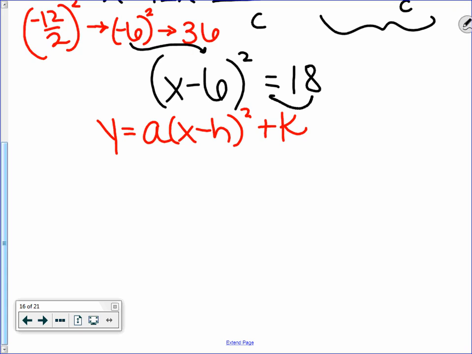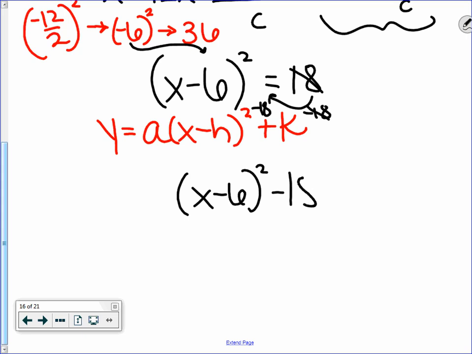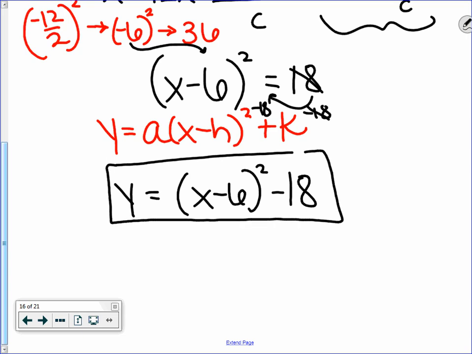We have to bring that 18 over by subtracting 18 on both sides. Okay, so we're going to have x minus 6 squared. That doesn't get touched. That's our x minus h. And then we've got minus 18, because that 18 was brought over. Put a y equals on the front of that, and that is our equation in vertex form.